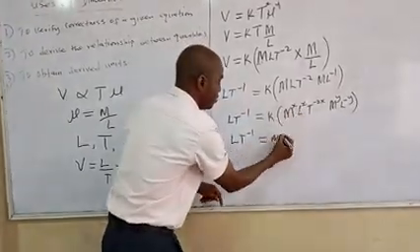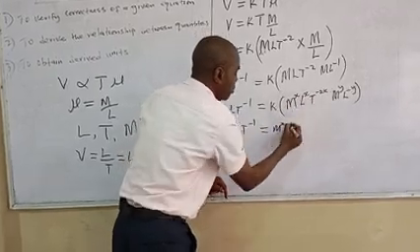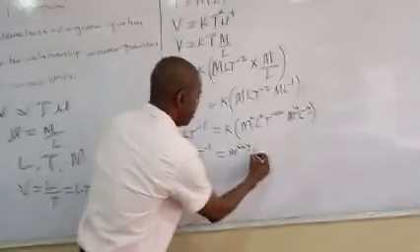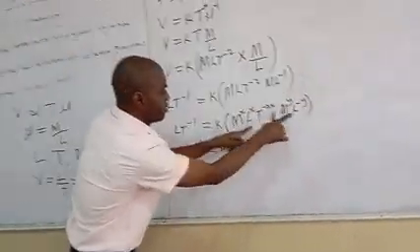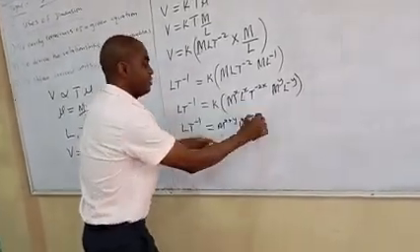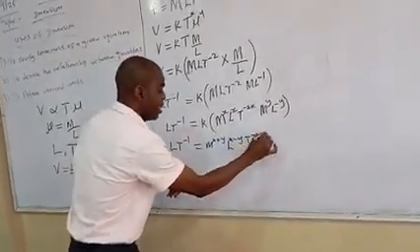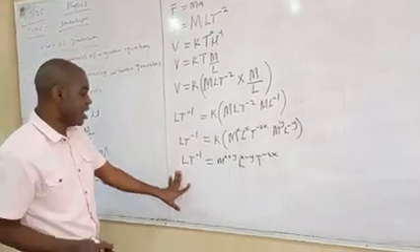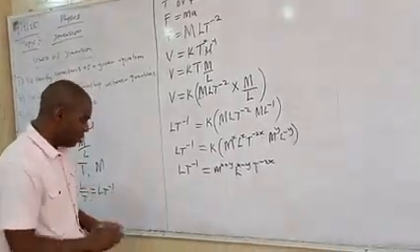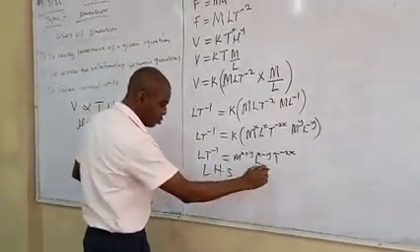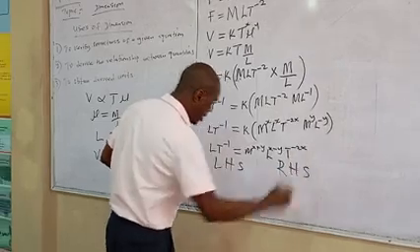By collecting like terms according to the law of indices, we have M^(x plus what? y), then L^(x minus what? y), then T^-2x. So we collect like terms. Now we compare both sides. Remember, whatever you do to the left hand side, you must also do to the right hand side.